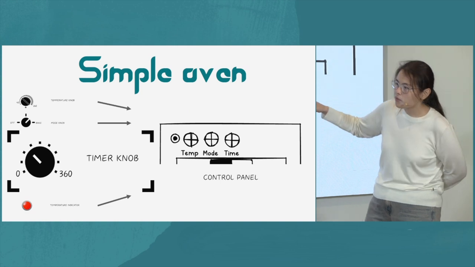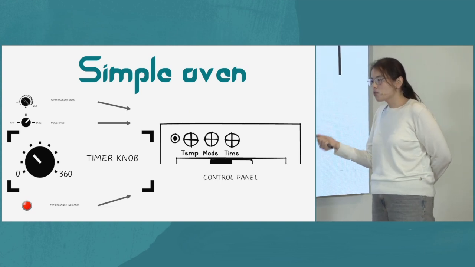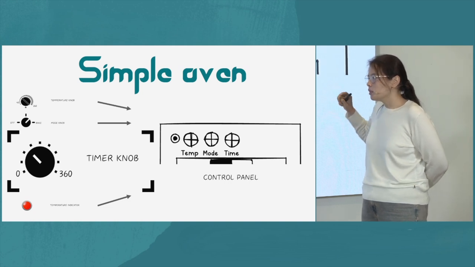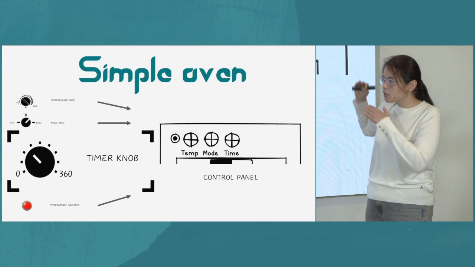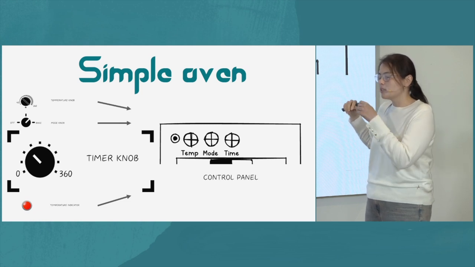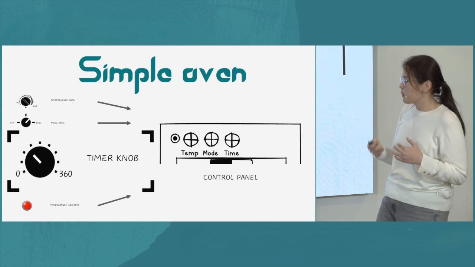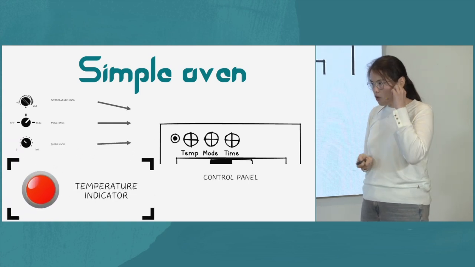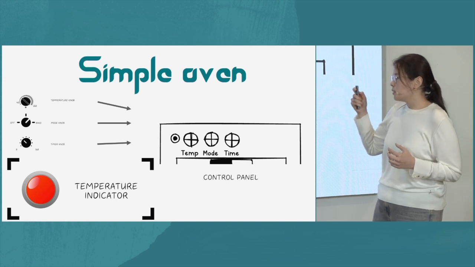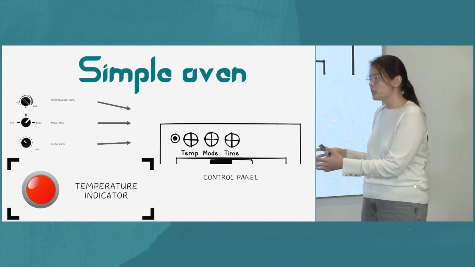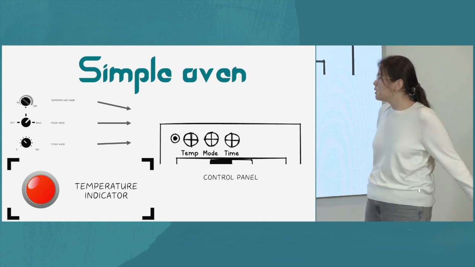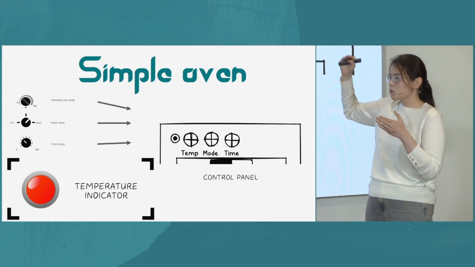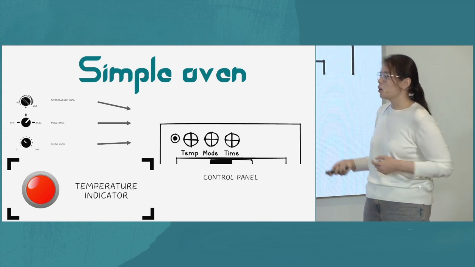The specific requirement for the timer is that it starts to count down the time when it reaches the temperature set by the temperature knob. Next is a temperature indicator, which turns on a red light when the heating is actively happening inside the oven.